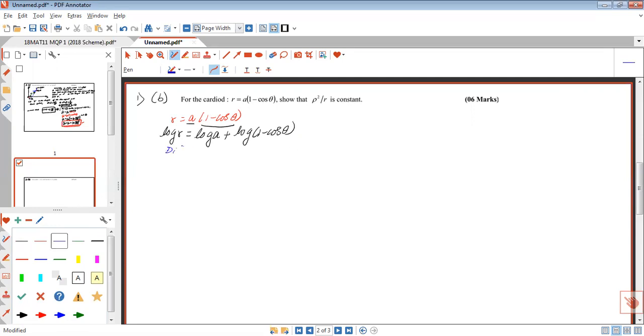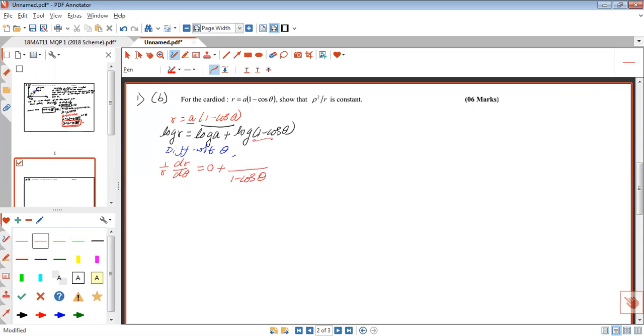Now differentiate this with respect to the independent variable, that is theta here. So we will get 1 by r dr by d theta equal to, differentiation of log r is 1 by r, with respect to theta. Log a is a constant, its differentiation is 0, plus differentiation of log is 1 by that term, 1 minus cos theta.